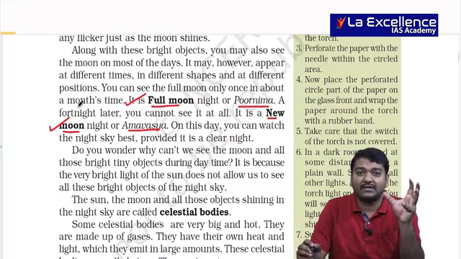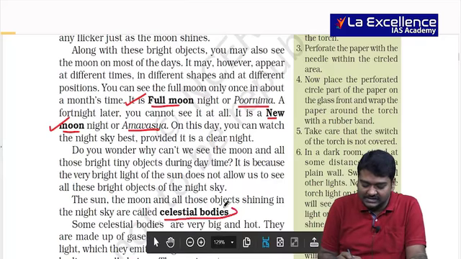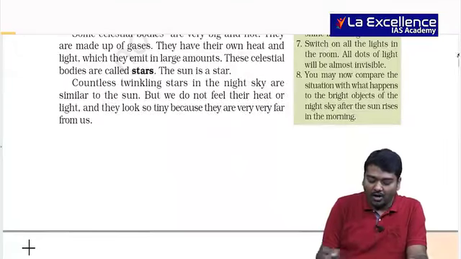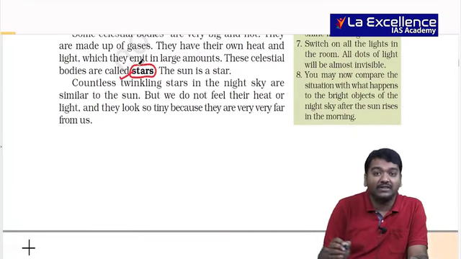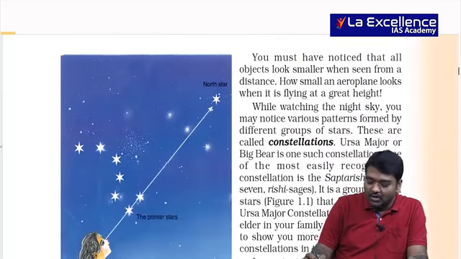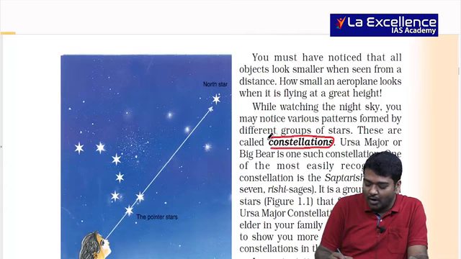Whatever bodies are there in the universe, we call those objects celestial bodies. And if these celestial bodies are hot, and if they emit large amounts of heat, we call them stars. Very, very important. Then we need to look at constellations, that is a group of stars.